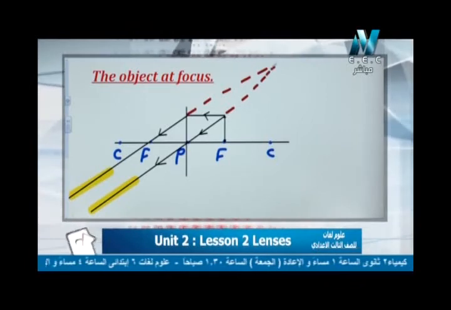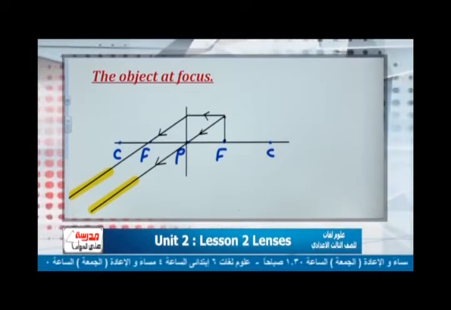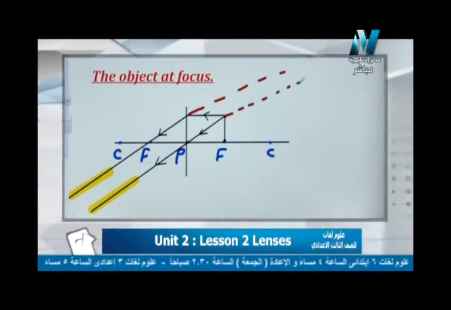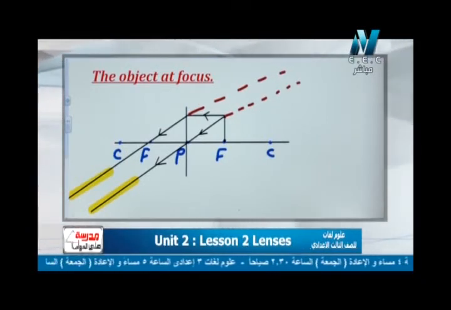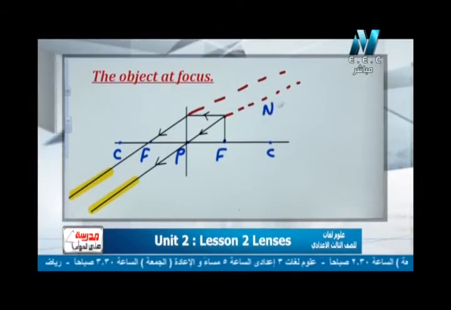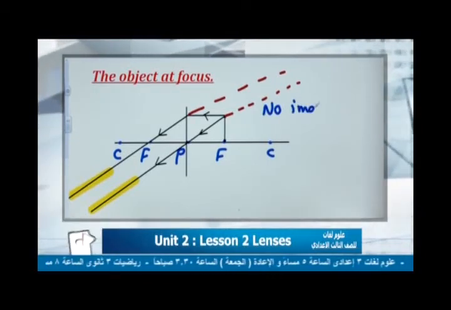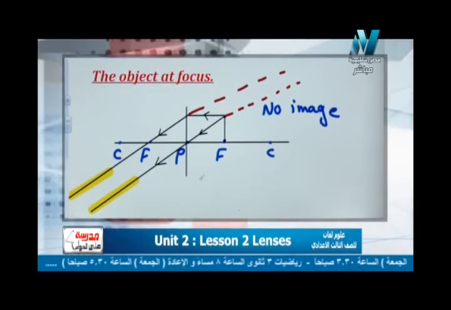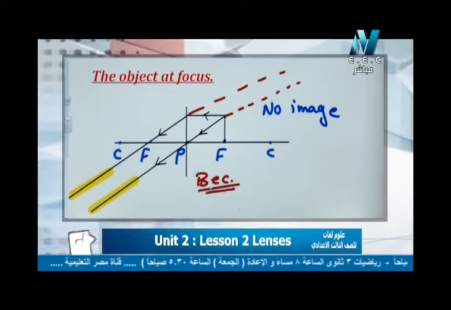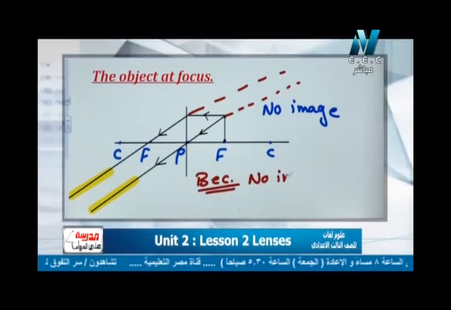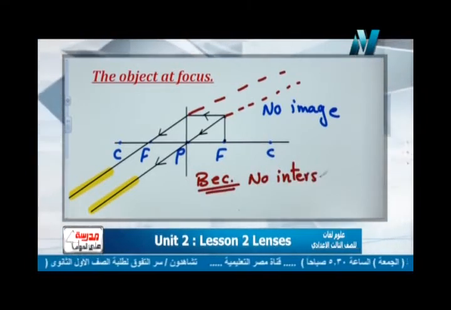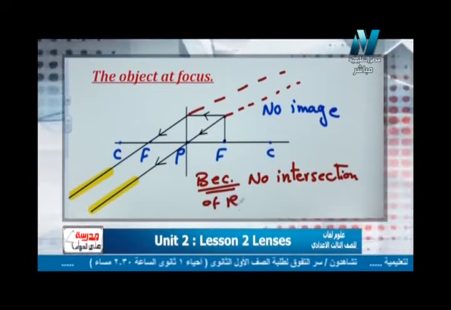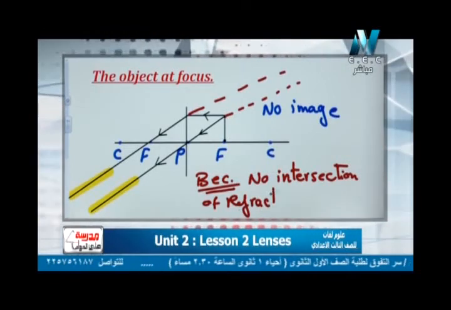the light rays still do not intersect. So we have here no image, meaning there is no image. Why? Because there is no intersection of refracted rays.